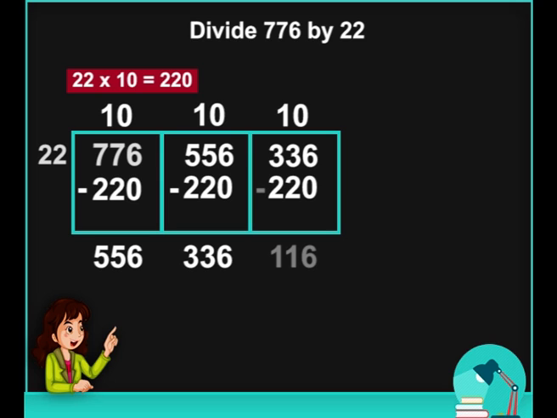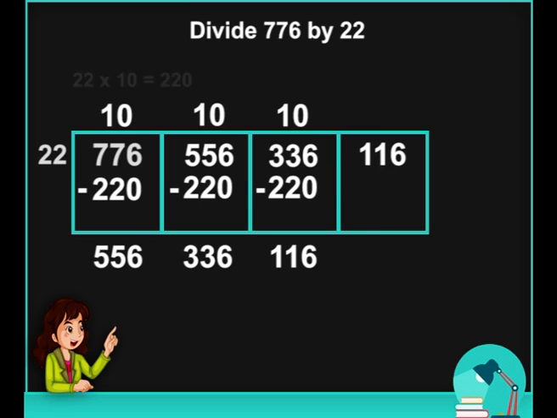We will get 116. Add one more box on the right hand side and write 116 on the inside as the new dividend. That tells us right there that we cannot take another 220 because 220 is greater than 116.